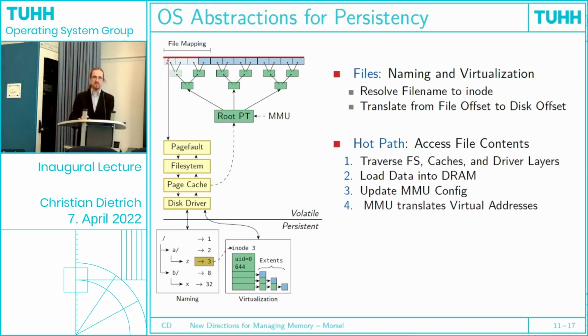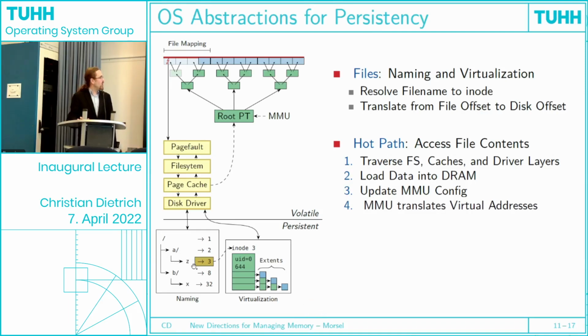And really, the abstraction for persistency is the file. The file is the persistent abstraction within our operating system. A file brings together two components. On the one hand, a file has a name. So we really have objects within our operating system, and there is a name for that object, a human readable name. And with that name, we can find the object again.